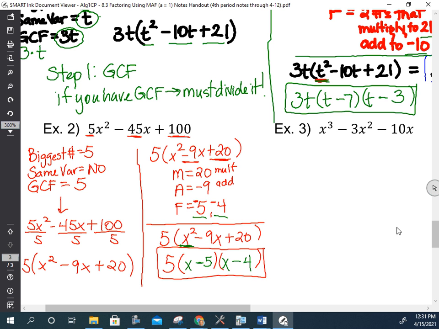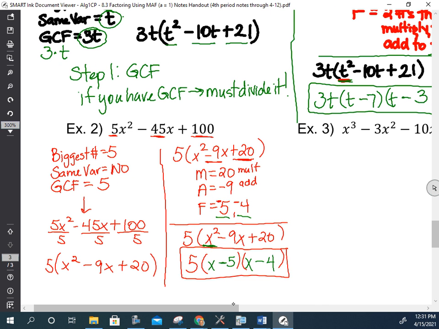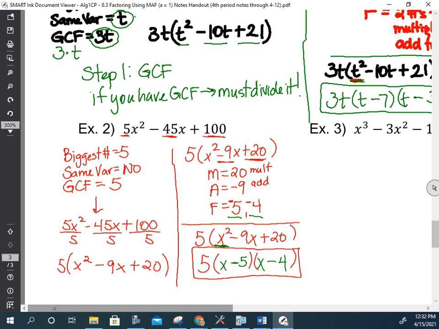There's your final answer. Again, the whole thing is not hard, but you gotta do some work. There's step 1, there's step 2, there's step 3.